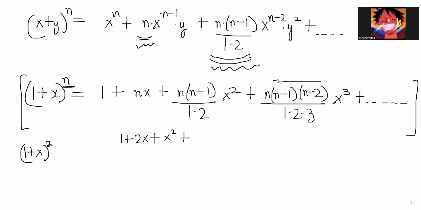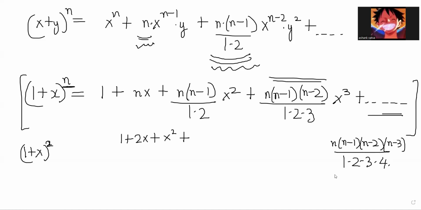Plus, look, this term, if you put 2, will become 0, right? And after that, every other term will have n, n minus 1, n minus 2, n minus 3. That is the next term. Look, that will also be 0, right? So the remaining terms will become 0, because n minus 2 is a factor in every one. Do you understand that the correct expression for (1 plus x) whole square is coming from this?